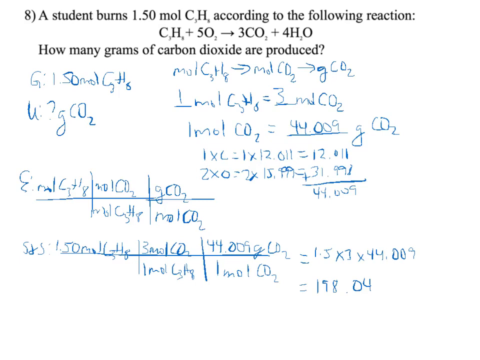Okay, so significant digits. Our given has 3. Remember, mole to mole ratios are exact. And our mass has 5, which means we need to take our answer to 3. So final answer is 198 grams of CO2.